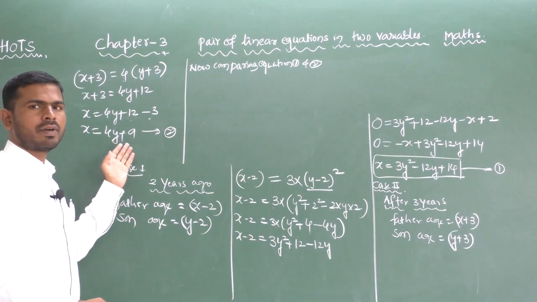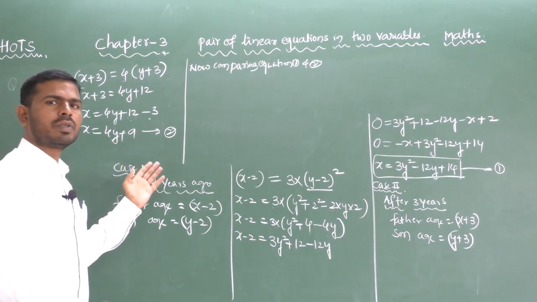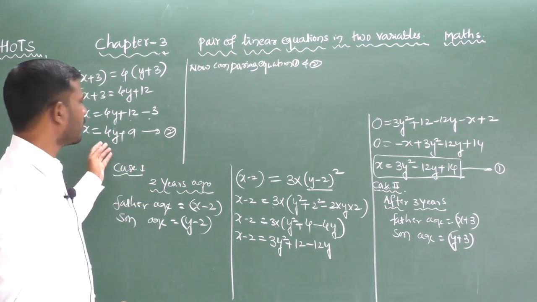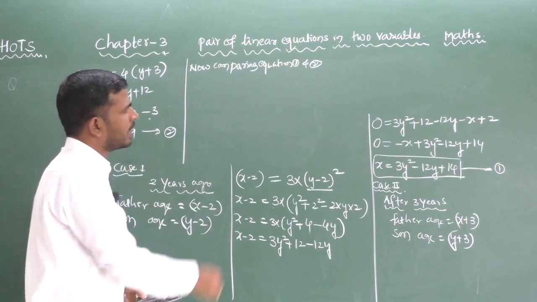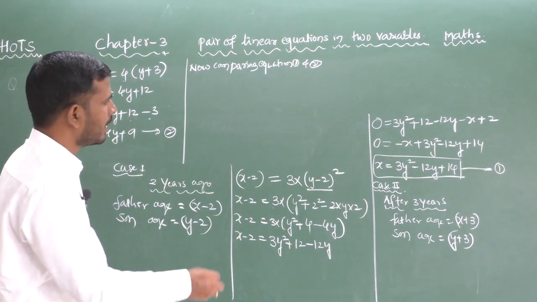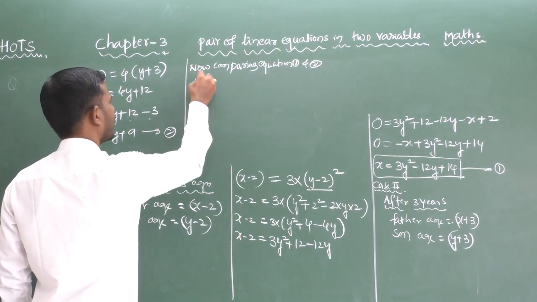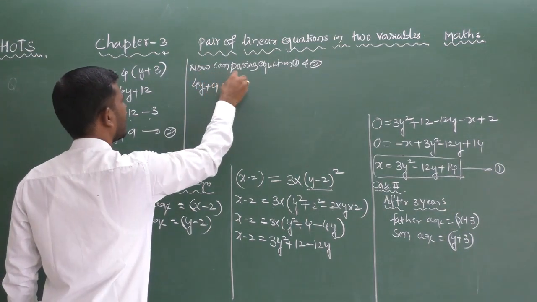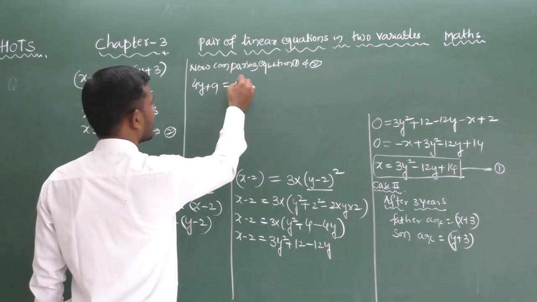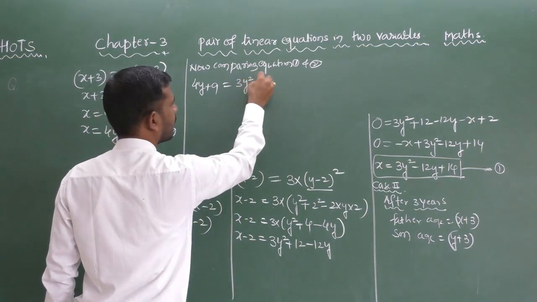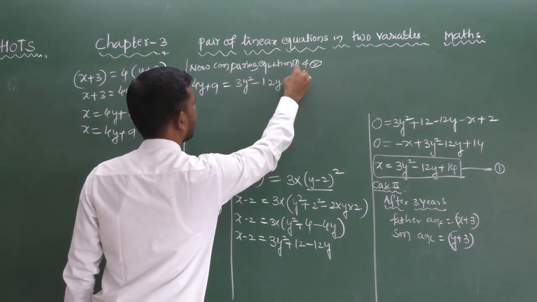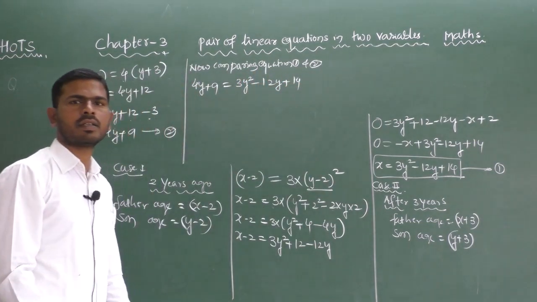So the LHS are equal, which means you can write both RHS also equal, that is 4y plus 9. So comparing equations 1 and 2 we get 4y plus 9 is equal to 3y square minus 12y plus 14.